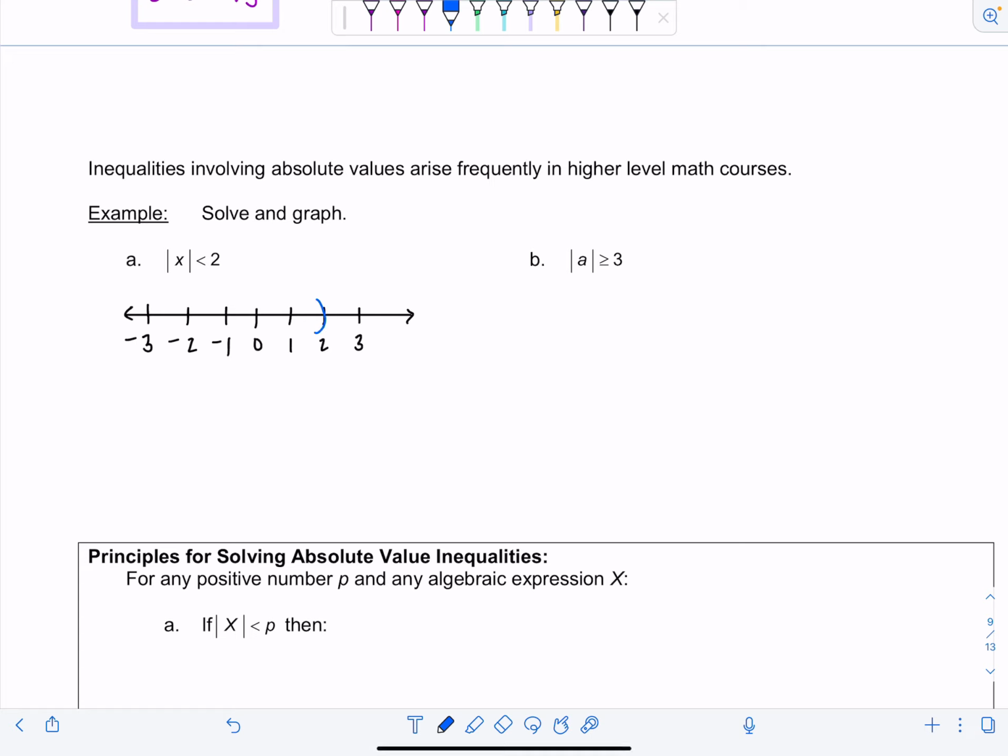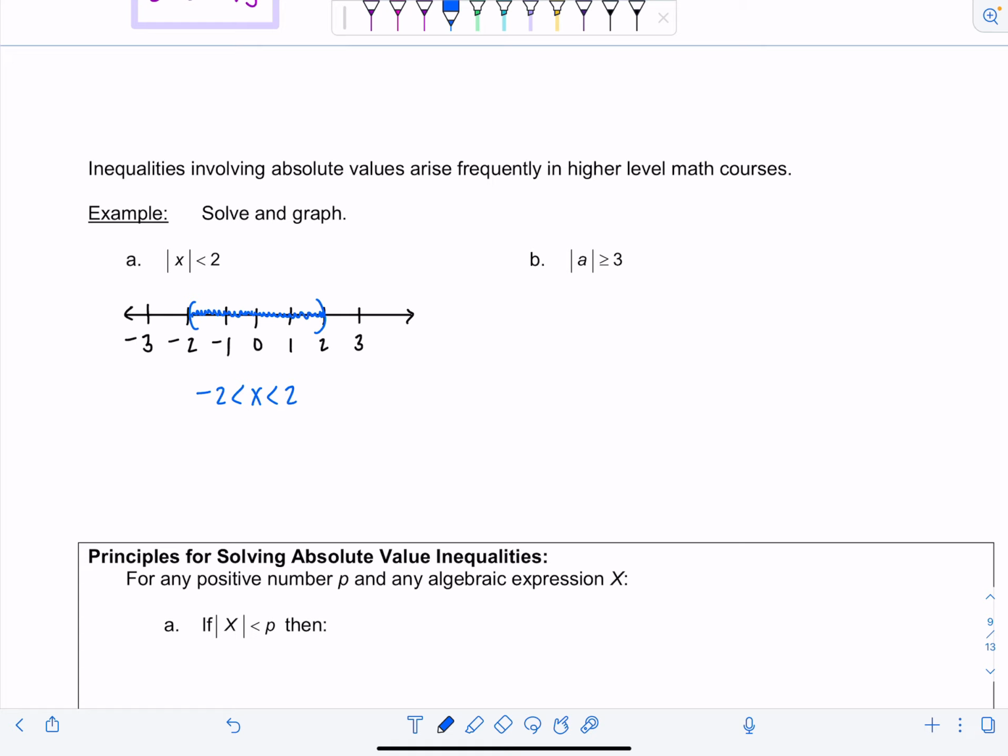Because it was less than, it wasn't less than or equal to. That's why I put parentheses on the number line. And you can go all the way down to where? That's right, -2, but you wouldn't include it. Good. So how would you write out this final answer as an inequality without absolute value? Isn't this the same thing as just saying x is between 2 and -2 that way?